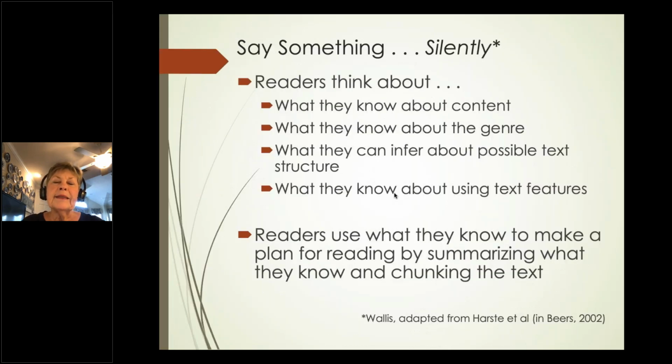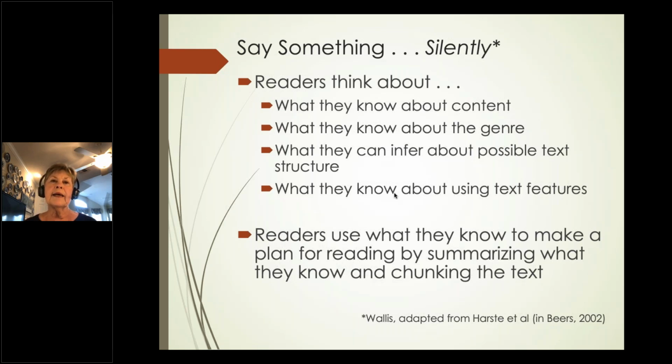Say Something has been around a long time. Jerry Harste and a group of colleagues, I think I first encountered it way back in the 80s. It was in a book that they authored. And I found Say Something as one of the very best possibilities for making sure that our kids are stopping and making reading an active process.